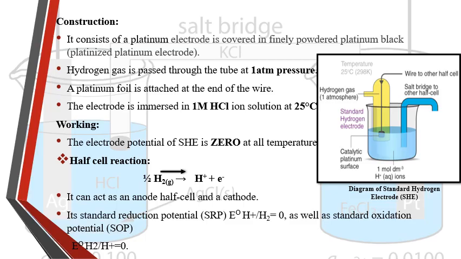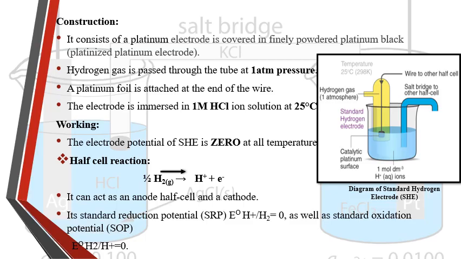To measure the potential, in use the SHE provides a reference potential of 0.00 volt against which the potential of the other electrode, that is the working electrode, is measured. The potential of the SHE remains constant as it is defined as the standard reference electrode, as I said earlier.